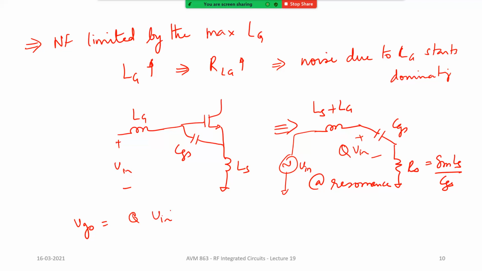The reason I say free is because you're not spending any additional current or additional power in order to get this amplification. Just because of these passive elements, you're getting an amplification, I mean, if we can call it voltage amplification, by a factor of Q.